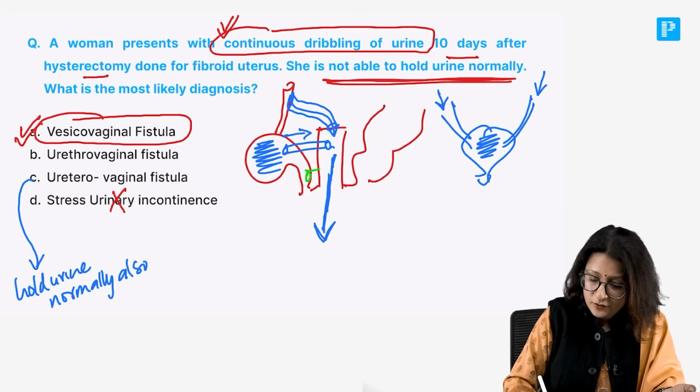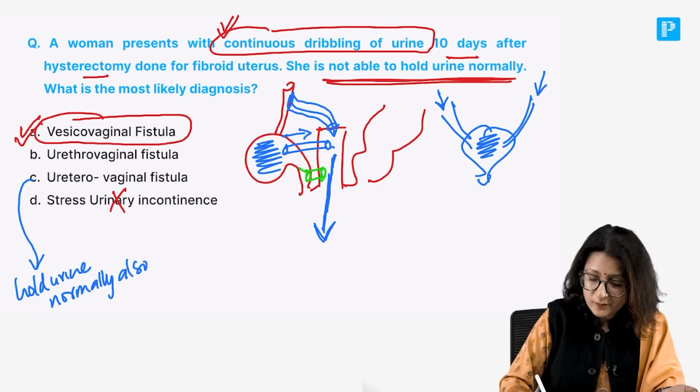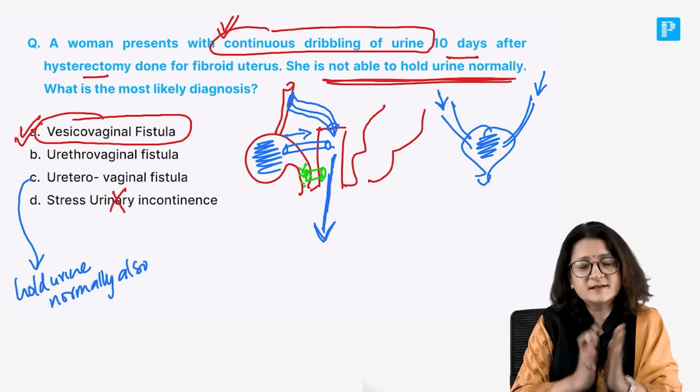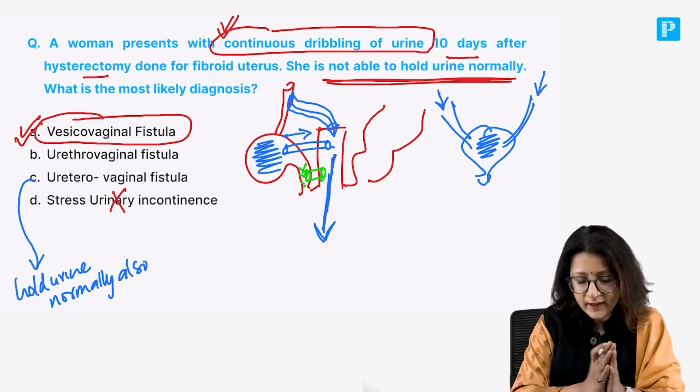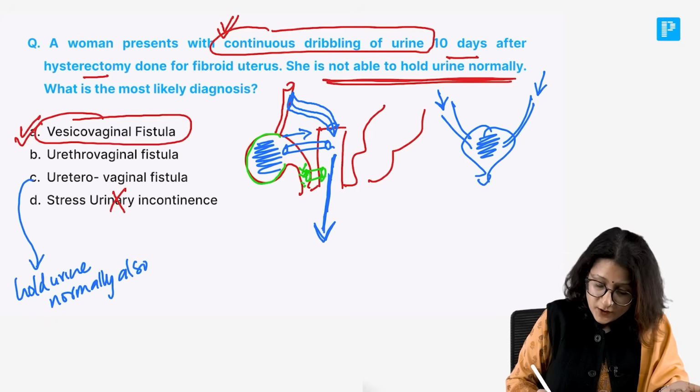If there is a urethrovaginal fistula, then normally the anterior and posterior walls of the urethra are closed off. That is the continence mechanism. The bladder is fine, so the patient will be able to hold urine.